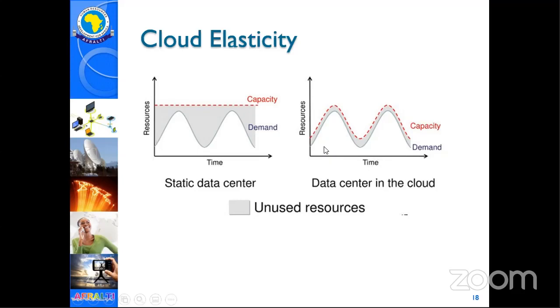In the cloud, you need to design your systems in such a way that the growth of your demand and the fall of your demand can be met at that instance it's needed, and you can go up and down depending on your needs. If you do this second graph here, you'll end up saving costs. Now, if you get a good cloud architect, they can do this for you.